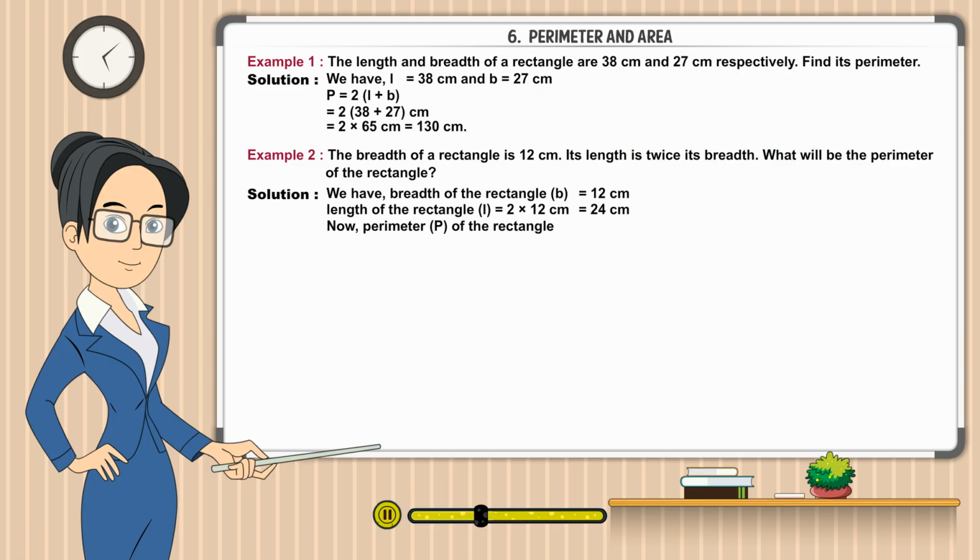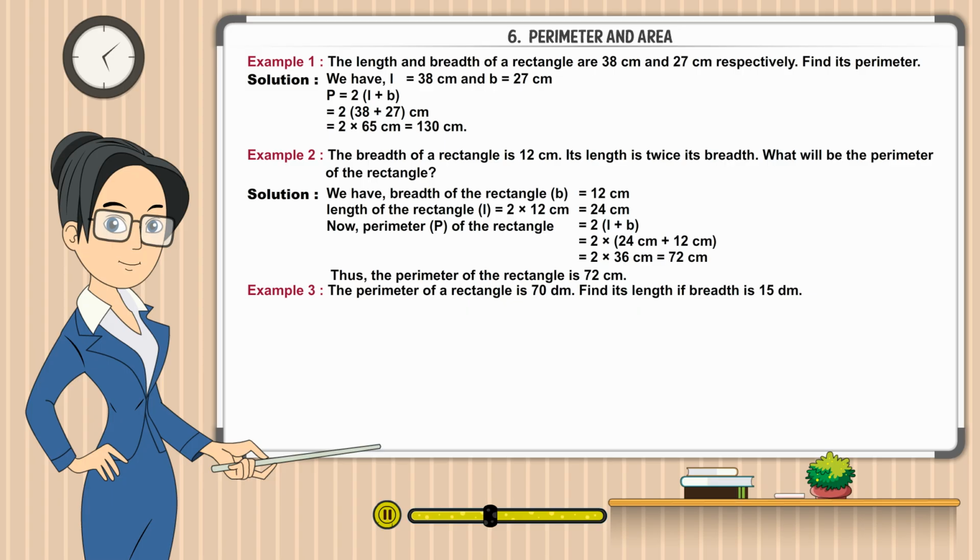Now perimeter of the rectangle is equal to 2 into (L plus B) is equal to 2 into (24 cm plus 12 cm) is equal to 2 into 36 cm is equal to 72 cm. Thus, the perimeter of the rectangle is 72 cm.